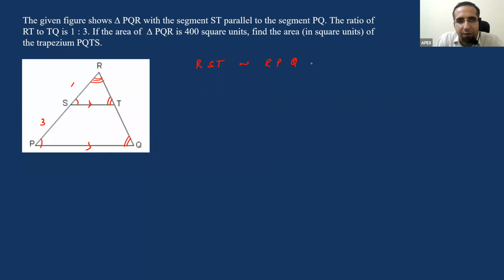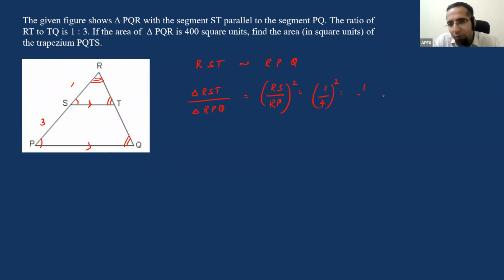Clear? So what do I have? If two triangles are similar, then area of RST divided by area of RPQ will be in the ratio of RS divided by RP whole square. Area will be with respect to square, guys, okay? So RS is 1 and RP is 4 parts.